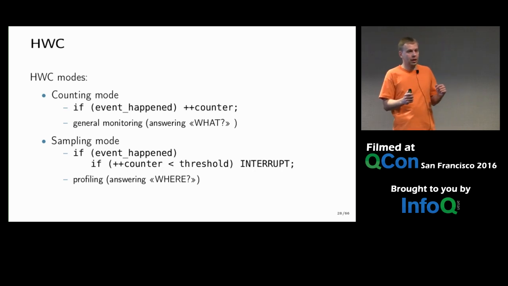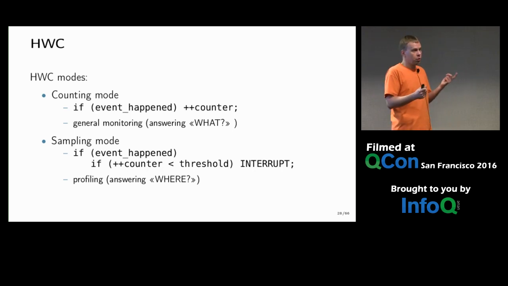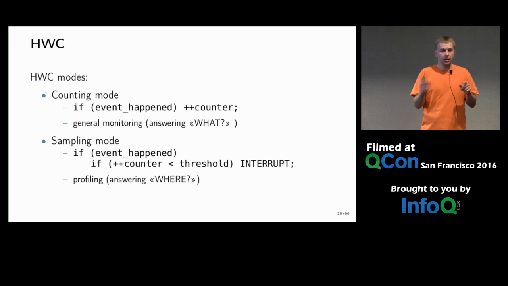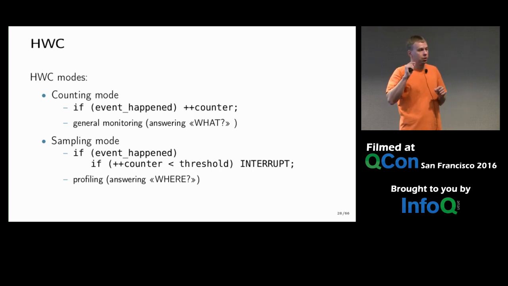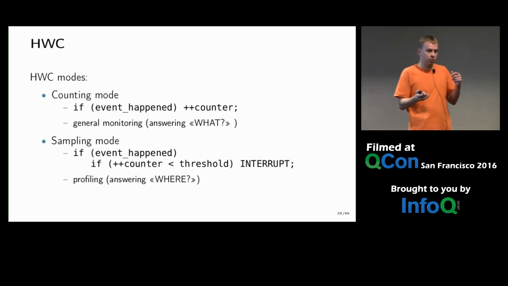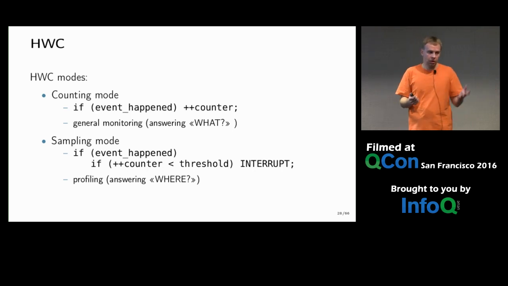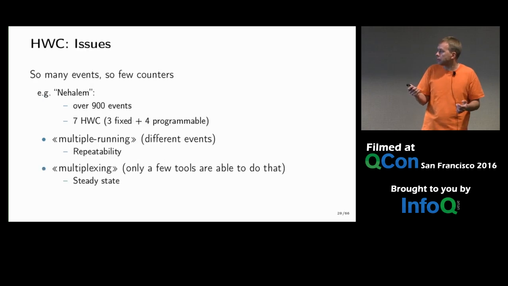If we reach some threshold, we raise an interrupt, and the tool which collects counters for you can find the place where this overflow, this interruption, happens, and point you to the places where the event happened. That is why there are profilers not only showing you where applications spend time, but also which issues exist in different places.